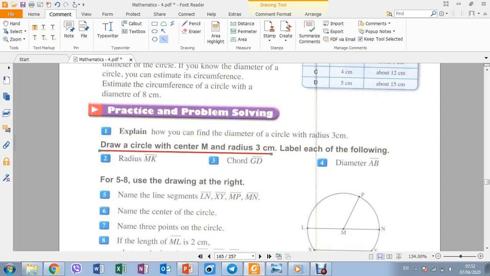Label each of the following, okay? Means what? The radius MK with the center M and the radius 3 centimeters. Look, I draw a circle in there for this one.